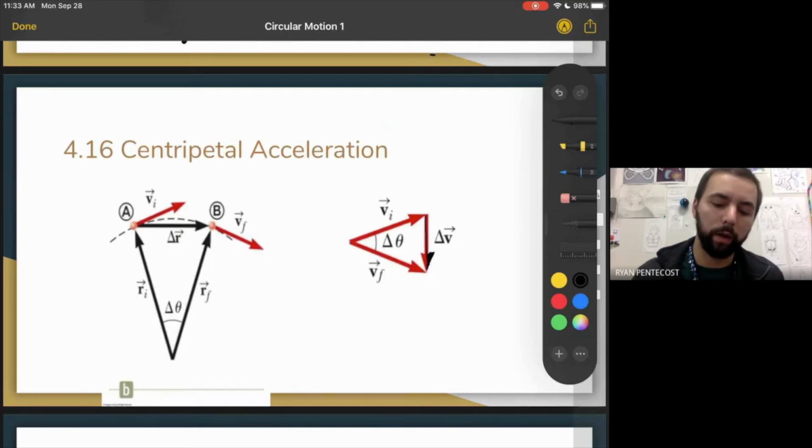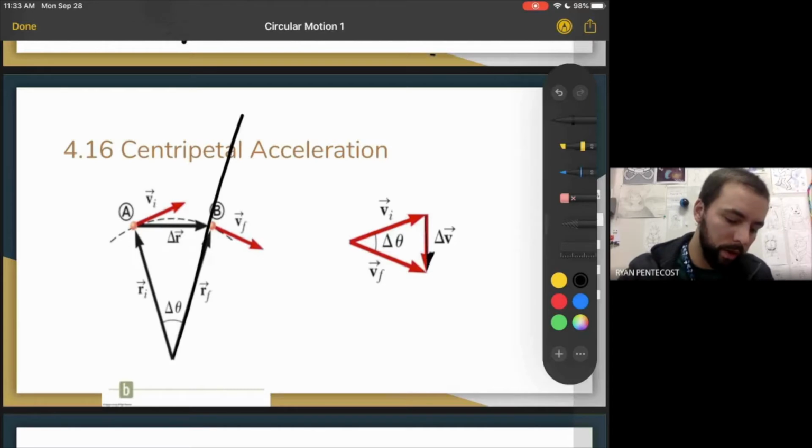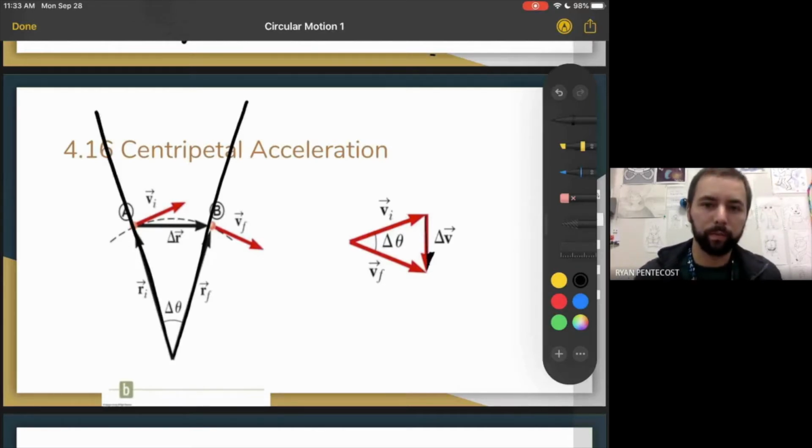So let me prove it. We have this vector rf, and I'm going to say that it continues off in this direction, and vector ri will continue off in this direction. We already have delta r closing that triangle. Let me make sure that I draw this appropriately.